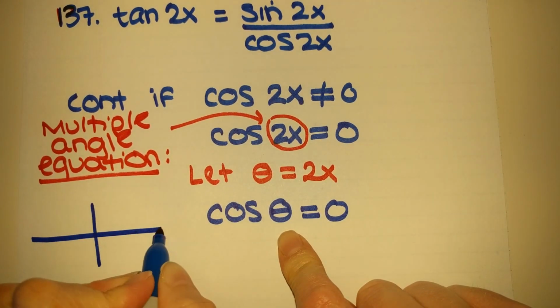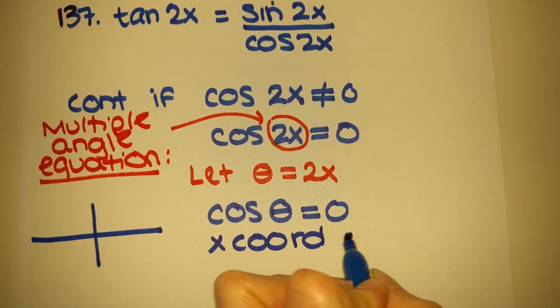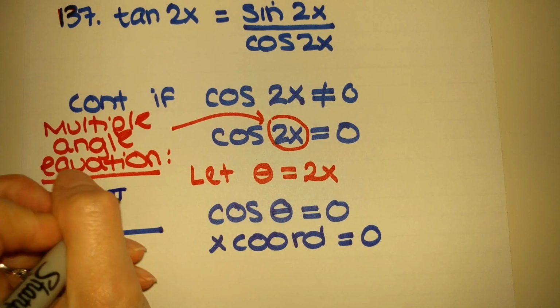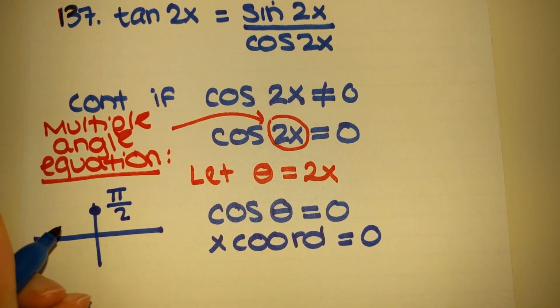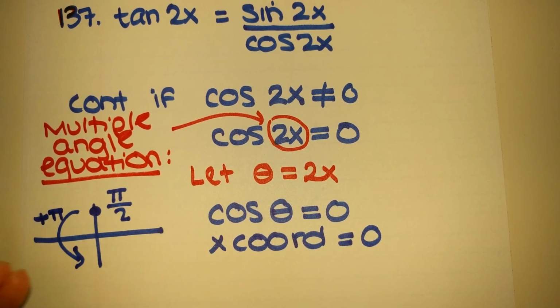So what I'm trying to do here is figure out where cosine, which is given as the x-coordinate, is equal to 0. Now, that is going to be at pi over 2, but it's not just at pi over 2, it's at any integer multiple plus that. So if I add pi to pi over 2, I would also have an x-coordinate of 0.